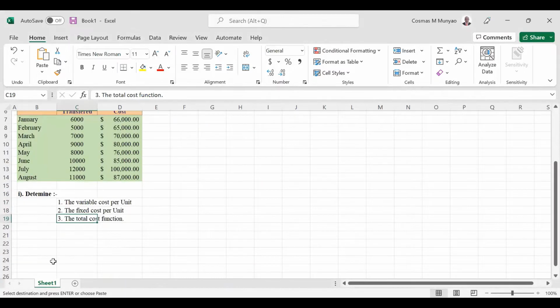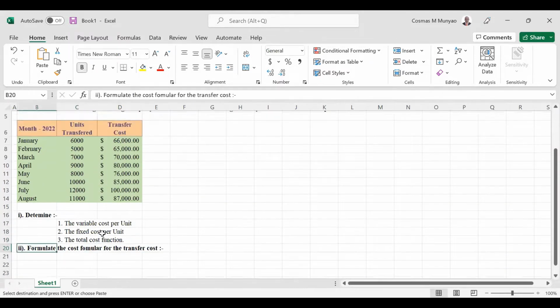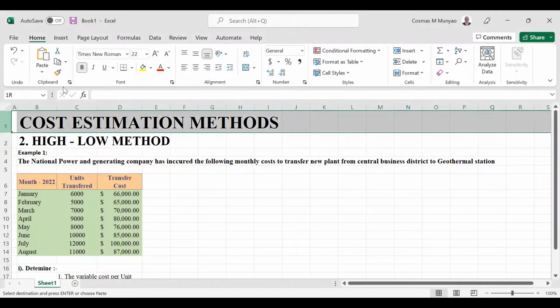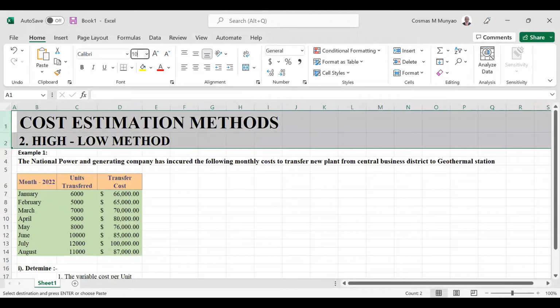Question 2, the examiner wants to know the cost formula for the transfer costs. All right. Because we are also learning Excel, I'll make this one 10.